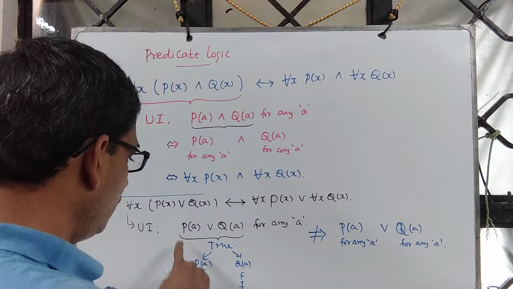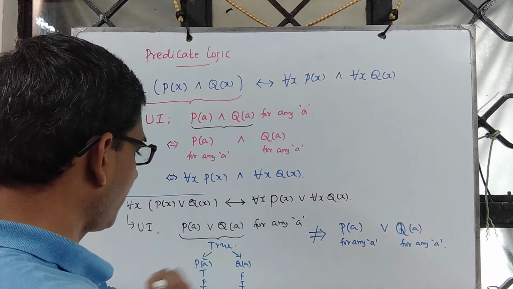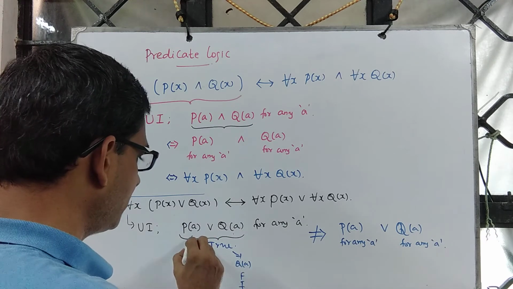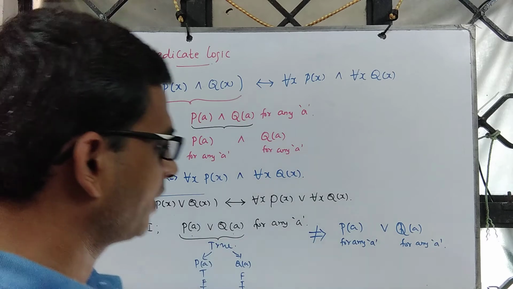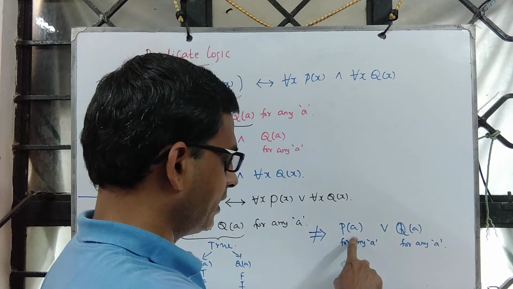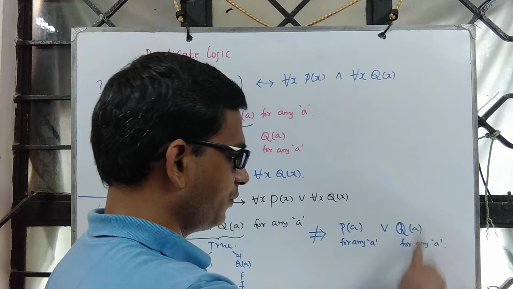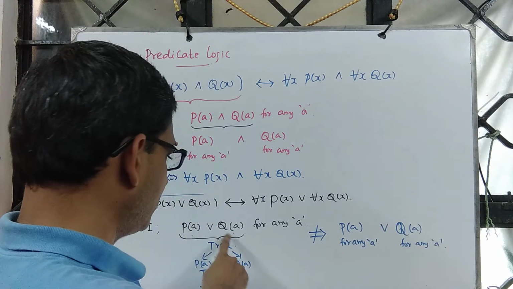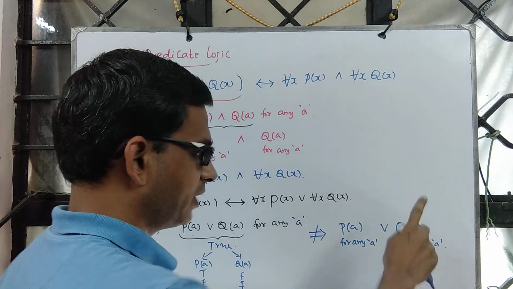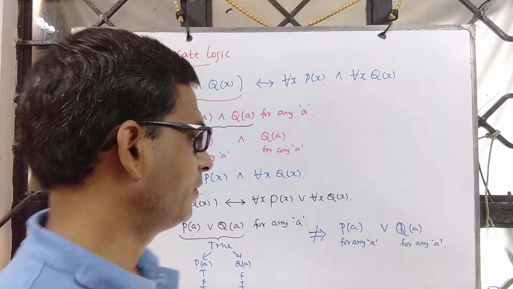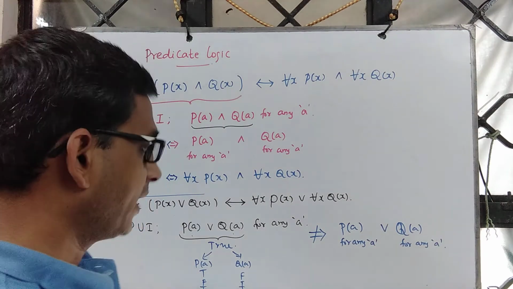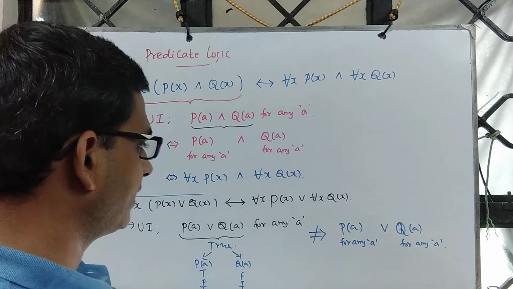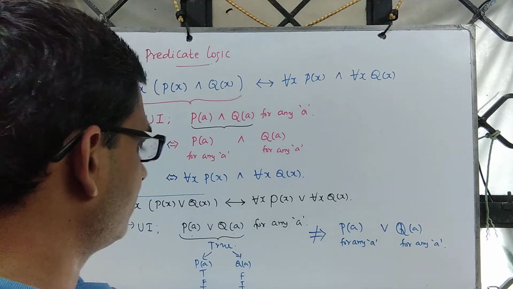This being true, it may be the case that this one is true and this one is false, or this one is false and this one is true, or both are true. So one cannot conclude that it is true for any a. It may be the case that for a particular a, this one is true and this one is false. So saying this one is also true is not correct. One can establish a counter example.